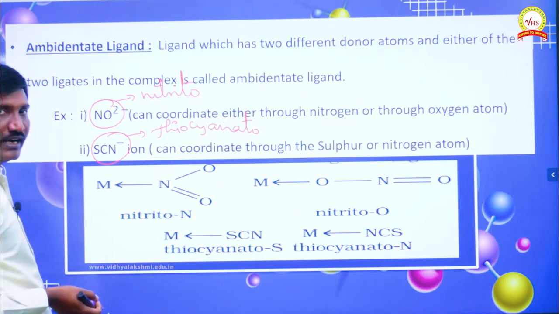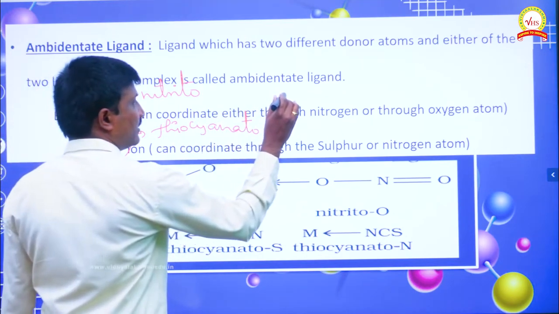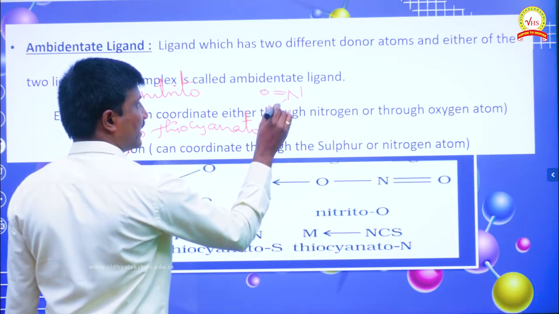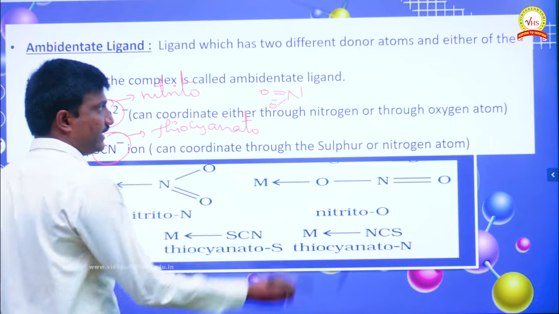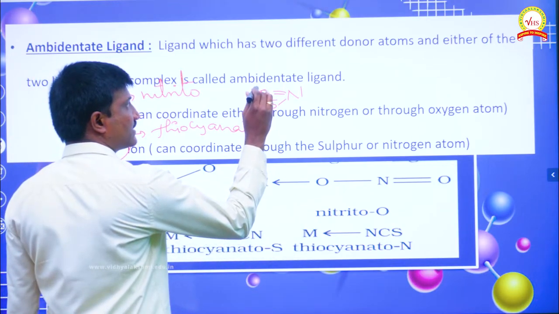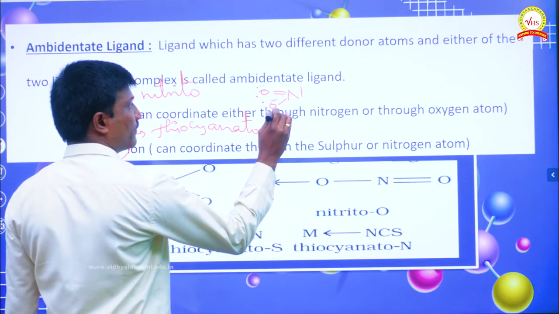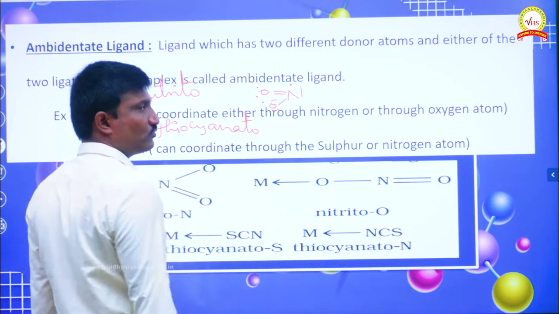It is also a monodentate ligand. The actual structure of NO2 is this one, N double bond O, O minus. This oxygen has two lone pairs of electrons, and this oxygen also has two lone pairs. This nitrogen has one lone pair.